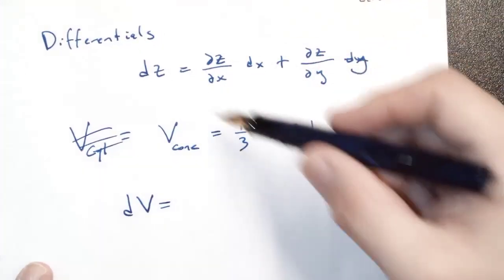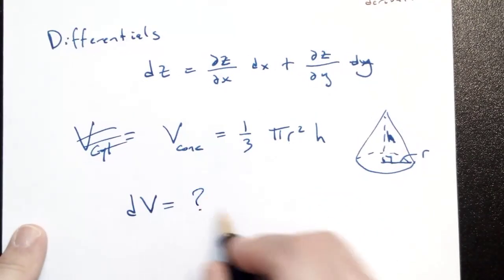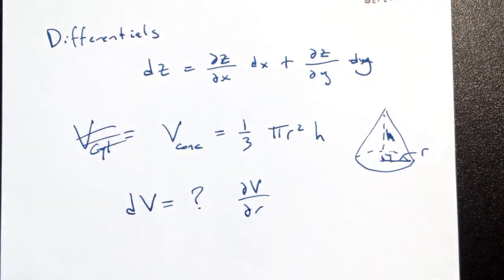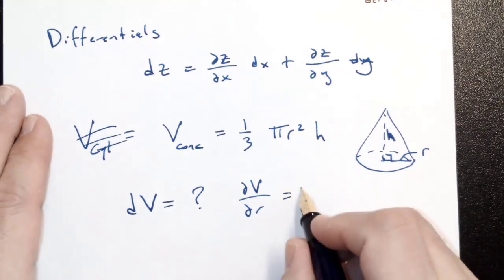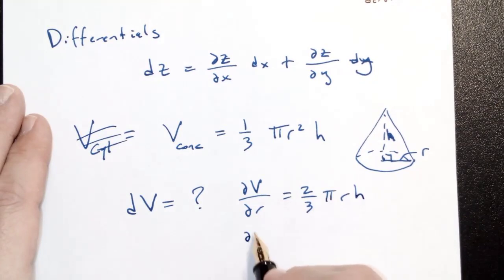Let's follow this process. What is the partial derivative with respect to r of this expression? And the partial with respect to h.